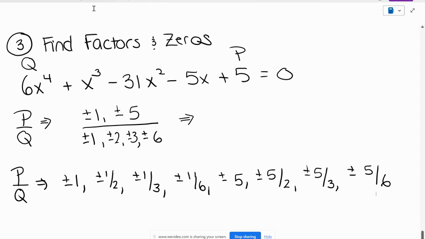Let's just write these possible rational roots for ourselves. Okay. Go to our calculator.